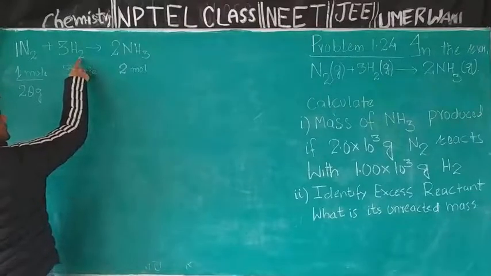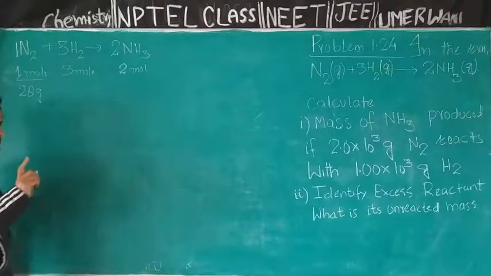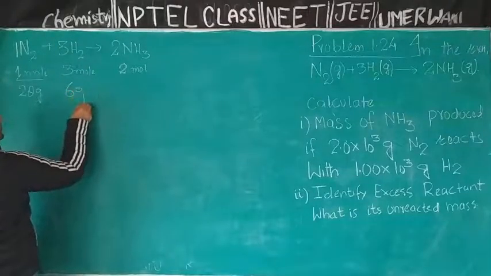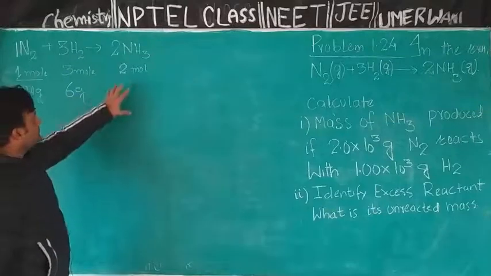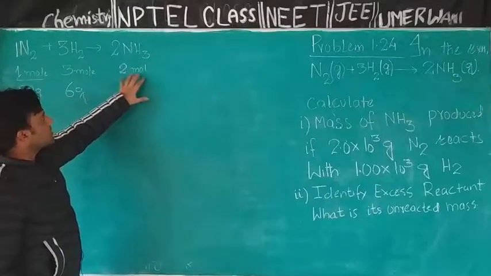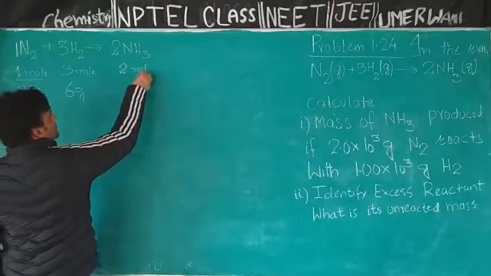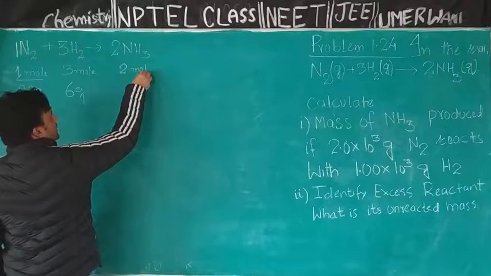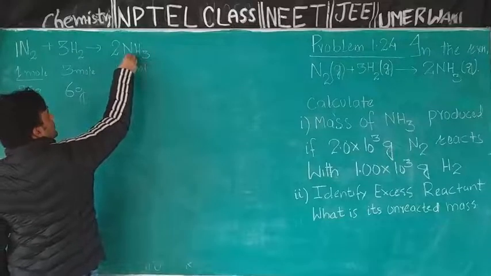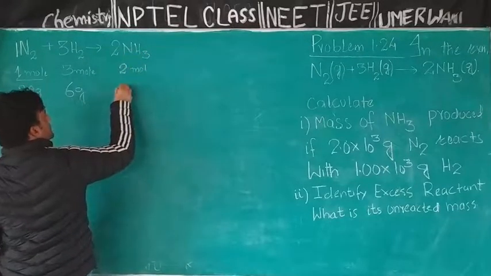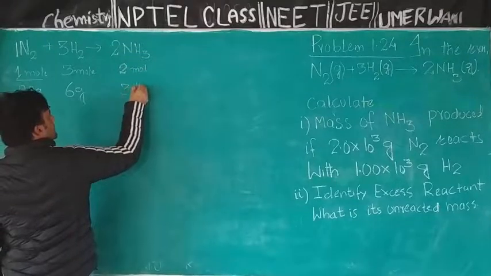Mass of 1 mole of dihydrogen is 2 grams, therefore mass of 3 moles will be 6 grams. And mass of ammonia formed will be equal to mass of its 2 moles, and its mass of 1 mole is equal to its molar mass, which is 14 plus 3 into 1, 17 multiplied by 2, it will come equal to 34 gram.